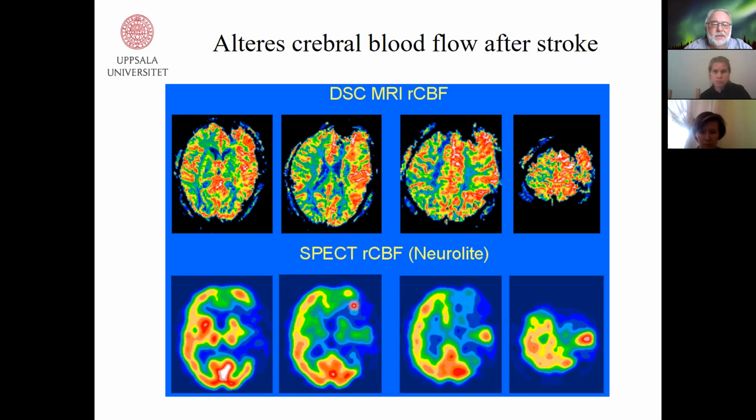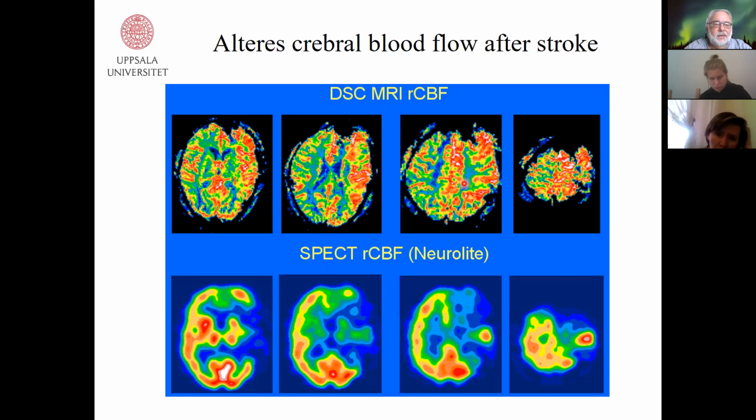Here is imaging of stroke using neurolight, and apparently we could see this area where the brain is damaged and is not supplied properly with blood.